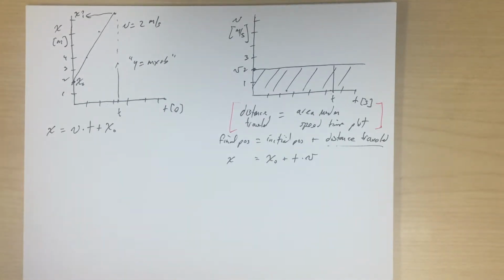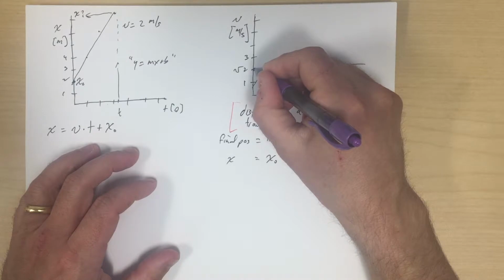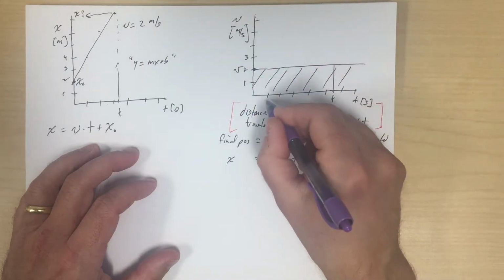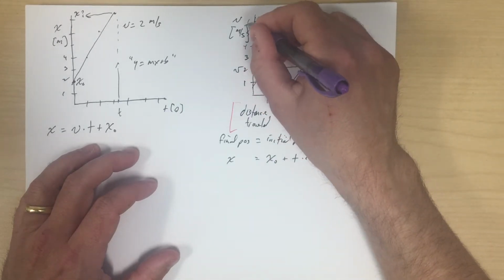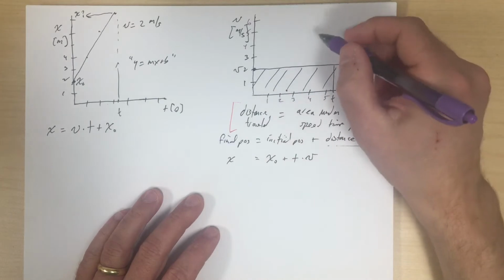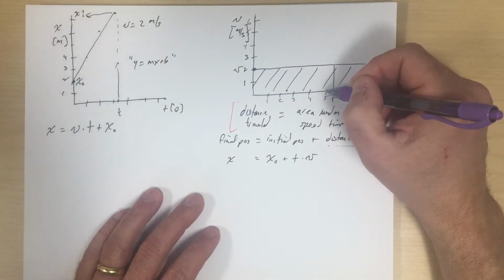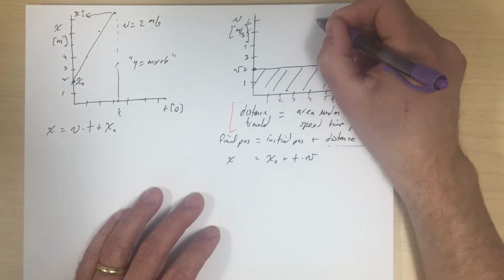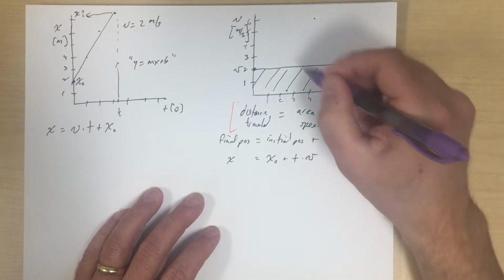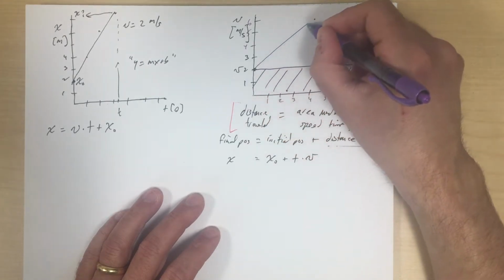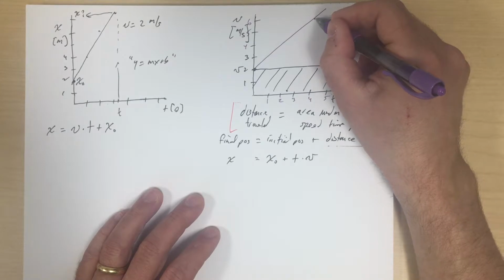So if we are looking at an object that is increasing in speed over time, we could have something like the following. After 1, 2, 3, 4, 5, 6 seconds, we could have a line that in, say, 4 seconds, we've gone up to 6 meters per second, and the speed itself is changing.